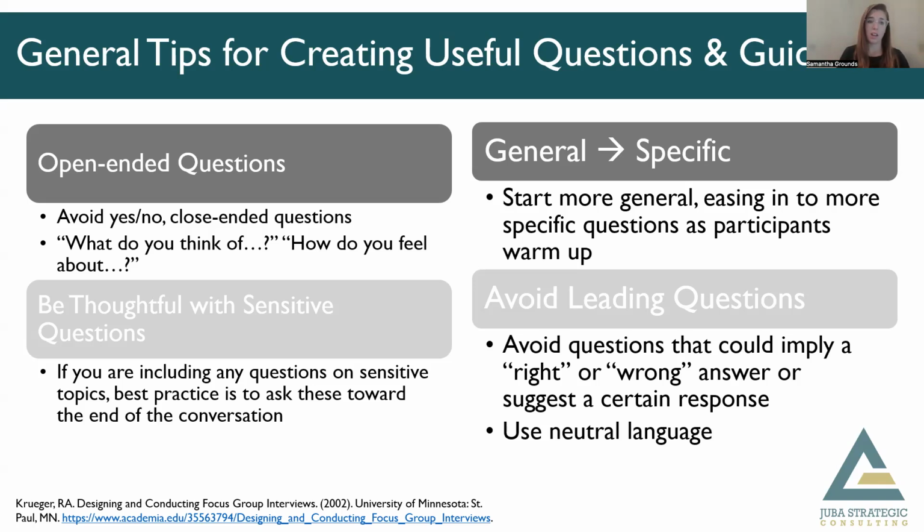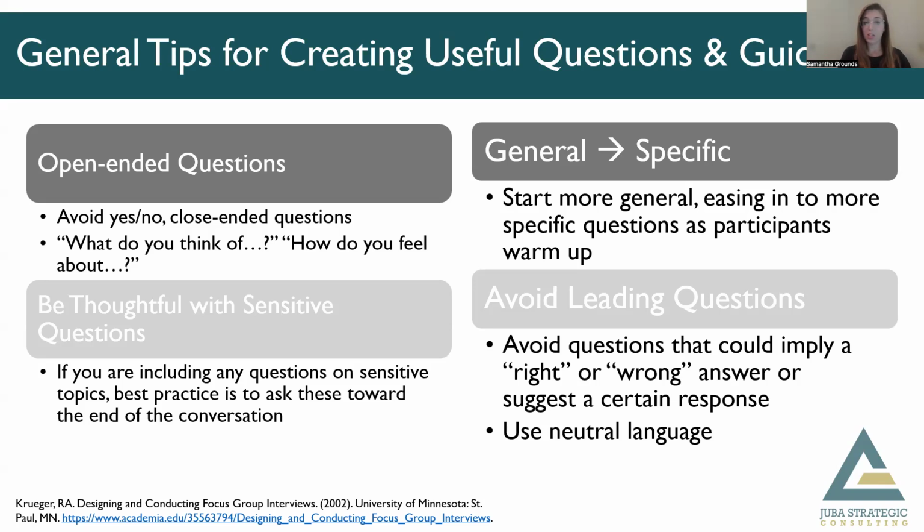So often examples are like, what do you think of, or how do you feel about, rather than yes, no questions. And I would say this is a great starting place when you start brainstorming ideas, really focusing on what are the questions that are going to facilitate discussion that can't really be answered just in a simple yes, no, or a simple one-word answer. And sometimes participants will answer in one word, and that's okay. But just a general tip for developing research questions.